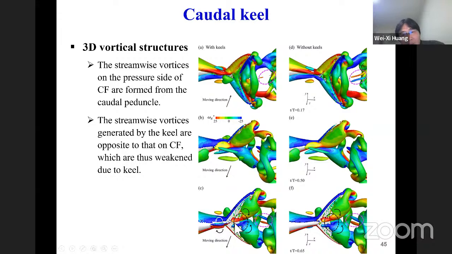Then they together will be weakened as compared with the case without the caudal keel. So this is the reason why the vortices are weaker here, and the pressure is higher, due to the existence of the caudal keel.